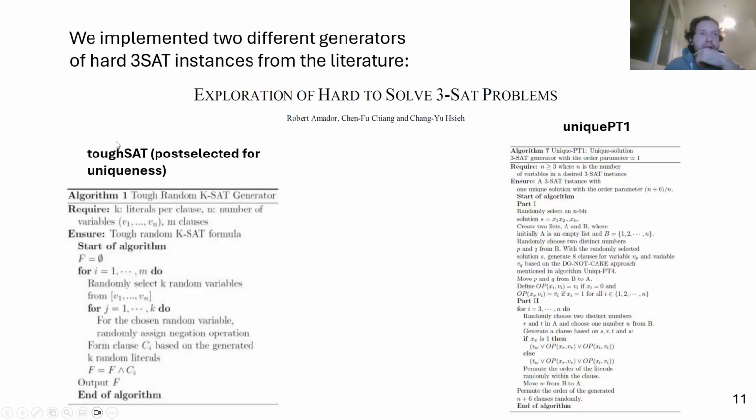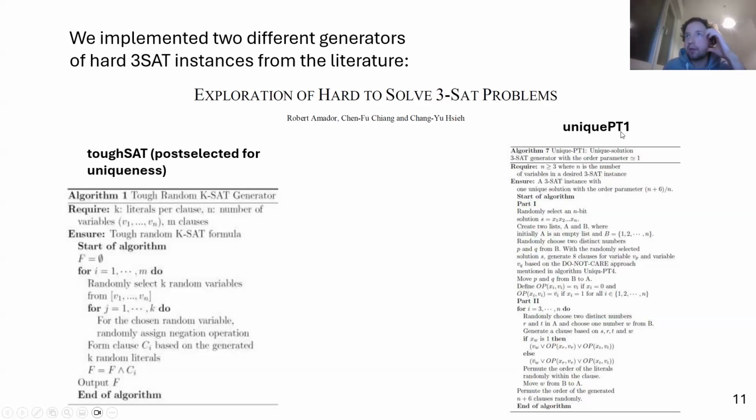One on the left is the Tough SAT generator, which basically means that you just completely randomly generate an instance around this phase transition point where you expect hard instances. So for a given number n of classical variables, you generate approximately 4 times n logical clauses randomly. And then after that, you check classically if this instance has a unique solution. And if yes, you post-select for it, so you get hard instances with unique solutions.